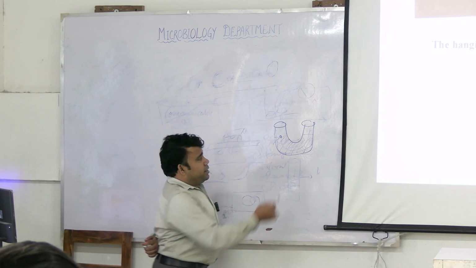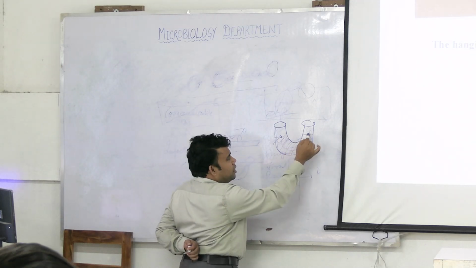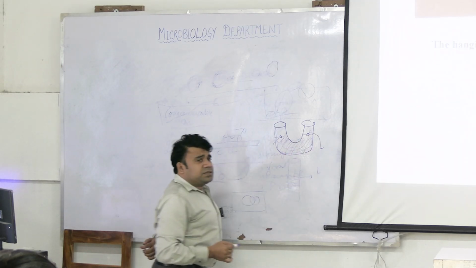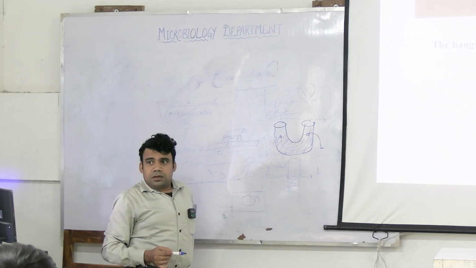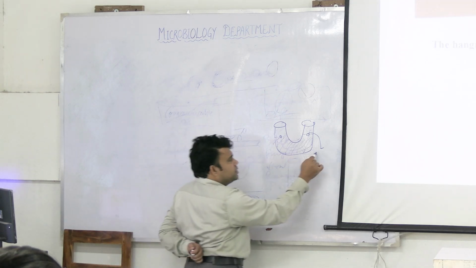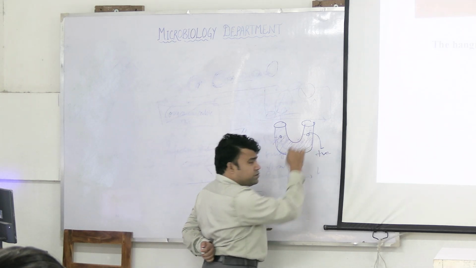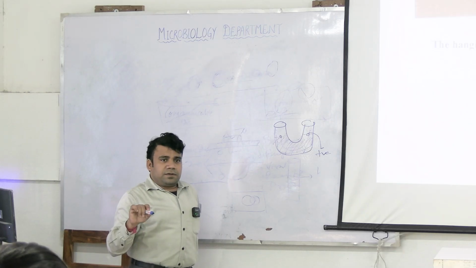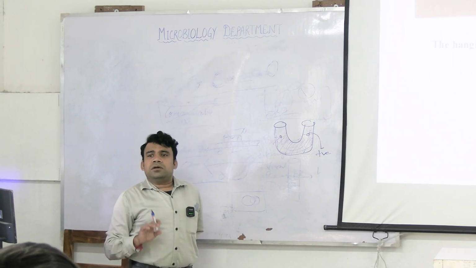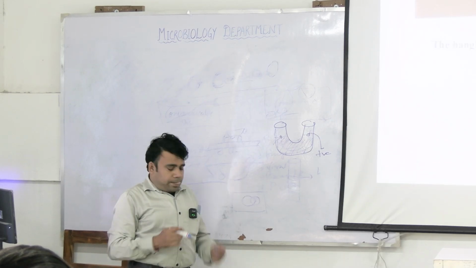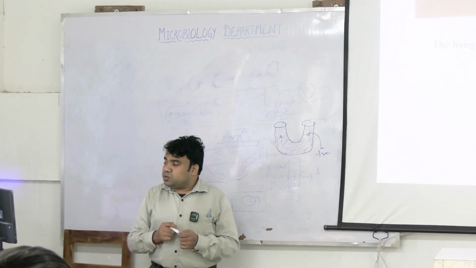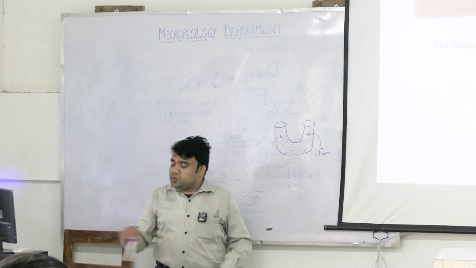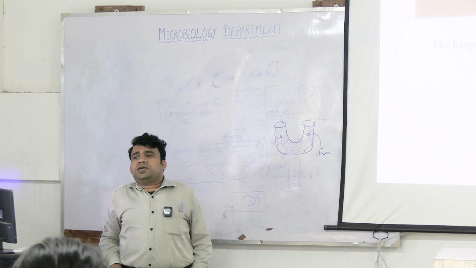Next day, I take a sample from this end and observe whether the bacterium is present or not. If the bacteria is present over here, how has it moved over here? By moving by itself. That means the bacterium is motile. Okay. So these are the two methods by which, with the use of a semi-solid agar, we can demonstrate motility.